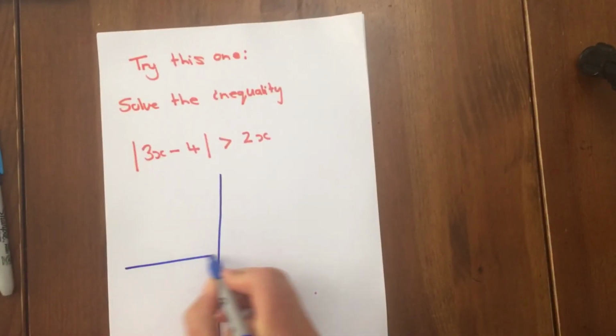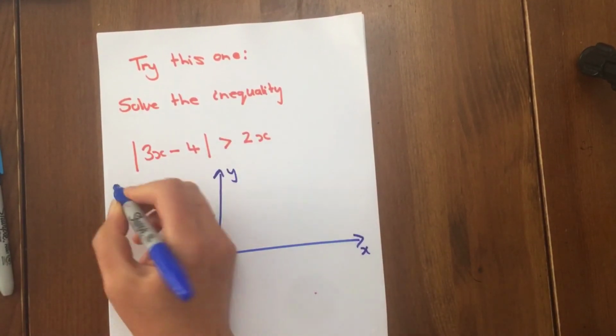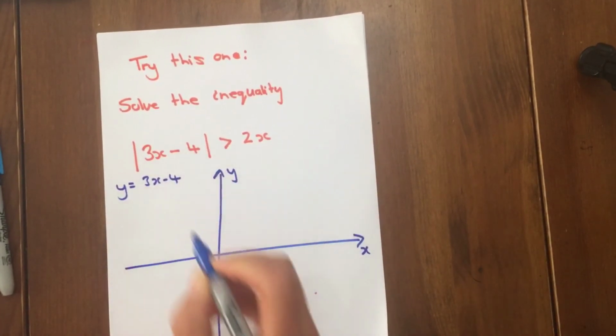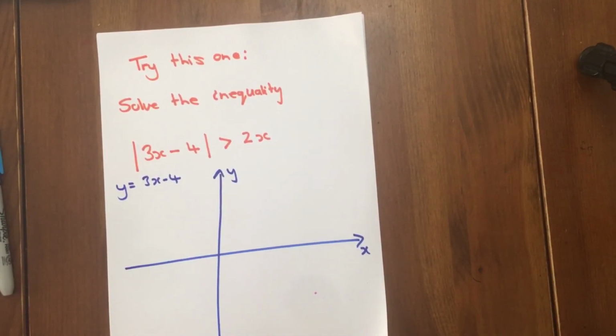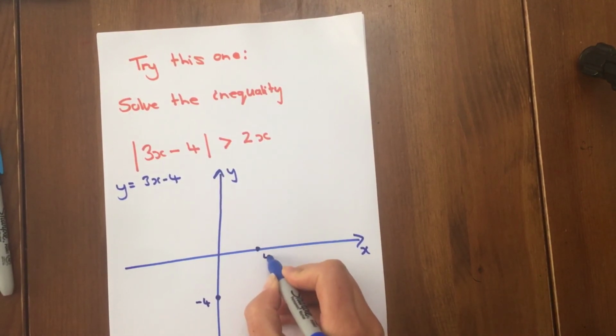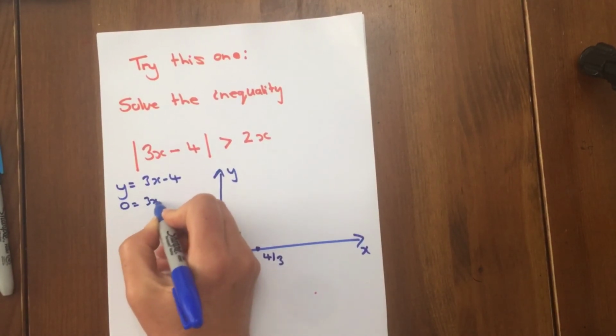Okay, let's sketch my x and y axis. So let's look at sketching y equals 3x minus 4. So when x is nothing, I have negative 4. When y is nothing, I will have 4 over 3. Just to check that, make sure you're happy with that.